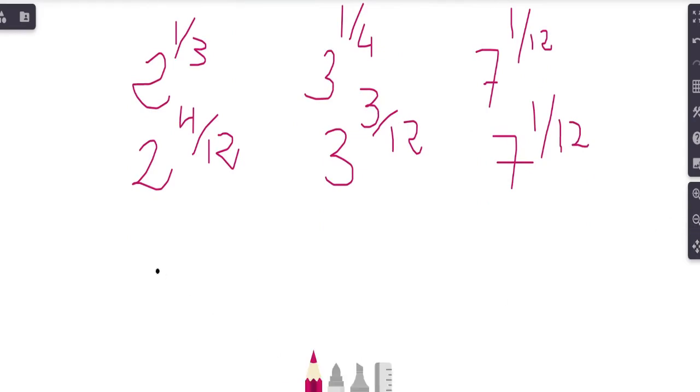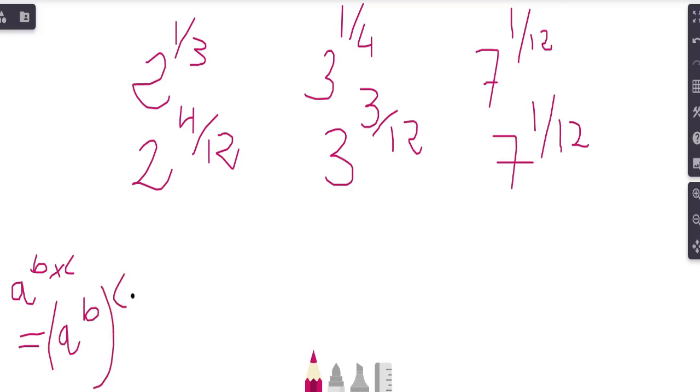But as you understand now the properties of powers, you know that when you have a to the exponent b multiplied by c, it equals a to the b to the c.